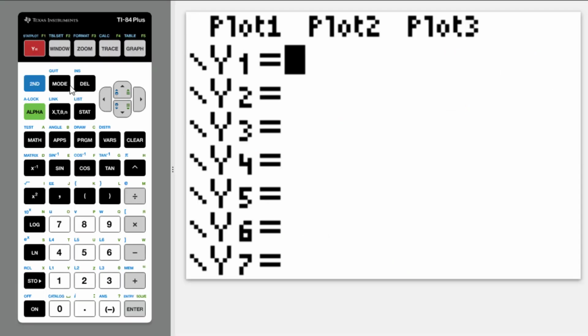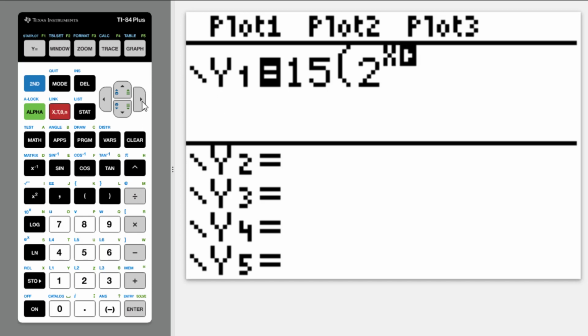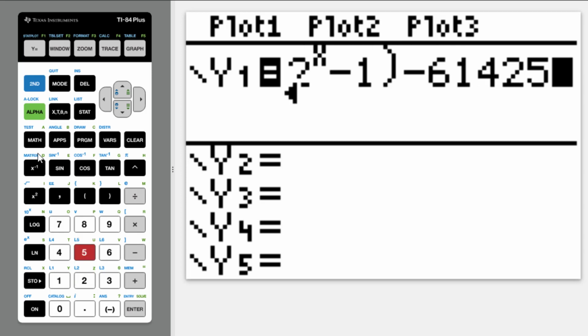So we go to y equals 15 times 2 to the x power minus 1, minus 61,425.